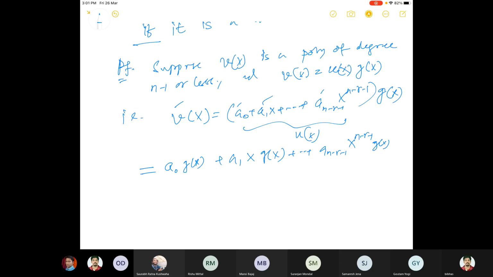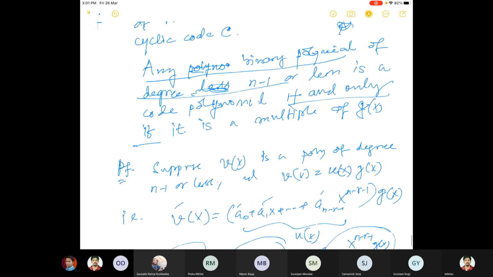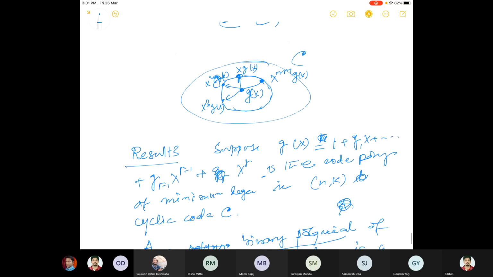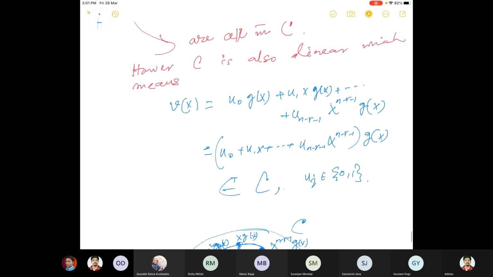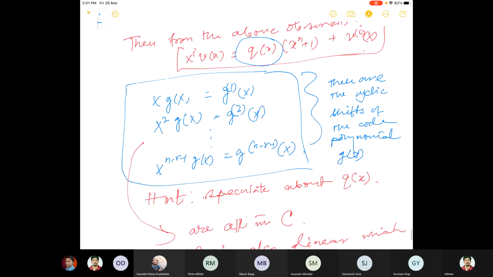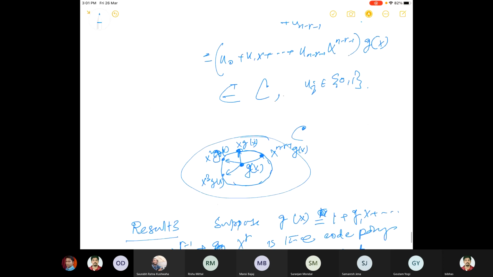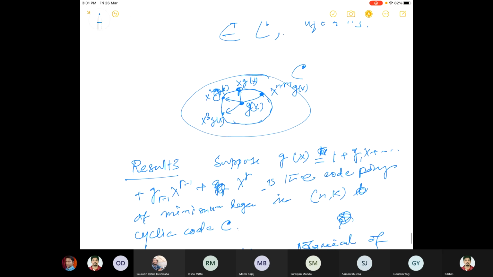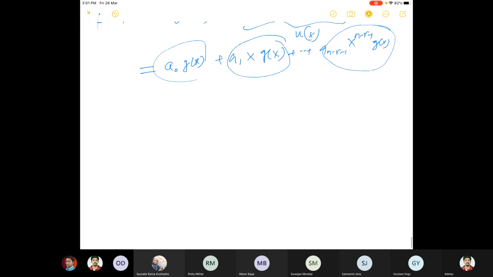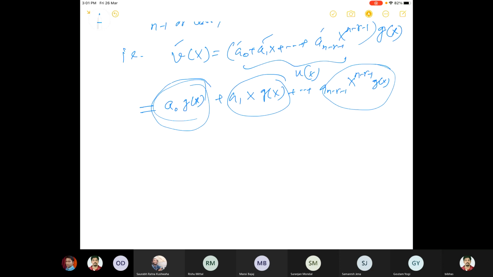Now we already know that these are code polynomials because we proved earlier that x to the power i times the minimal degree polynomial are also code polynomials. So here it is nothing but a linear combination of those scalings. x to the power 0 can be there, so that is the constant and so on.